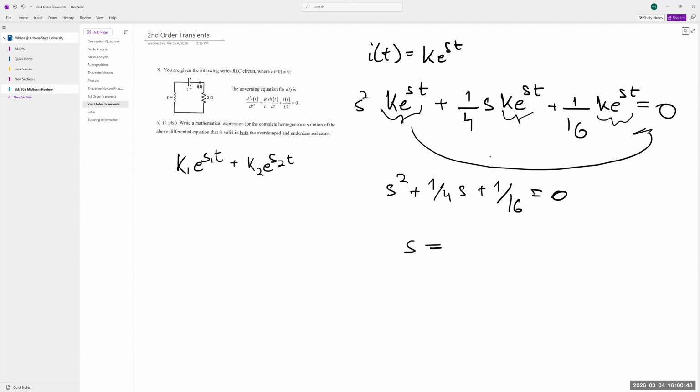The solution, if I plug this into my calculator, for the sake of time, I'm going to skip the calculations. It's going to be a complex number. It's going to be negative 0.125 plus or minus 0.217j. Okay, this is your solution for S.